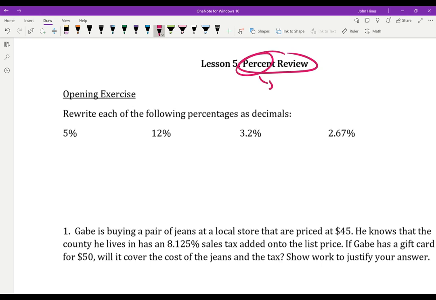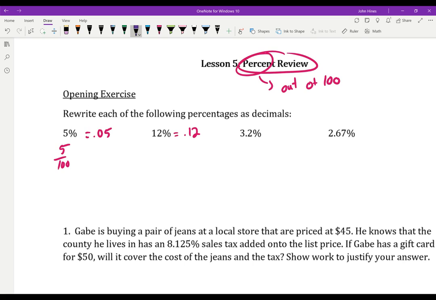So what does percent mean? It means out of 100, right? What is that ratio out of 100? So 5% really means 5 out of 100. So in my calculator, I'm going to do 5 divided by 100, and I get 0.05. 12 out of 100, 12% is 0.12.